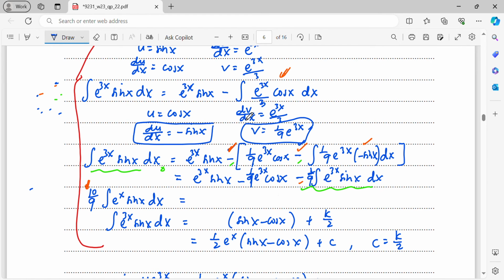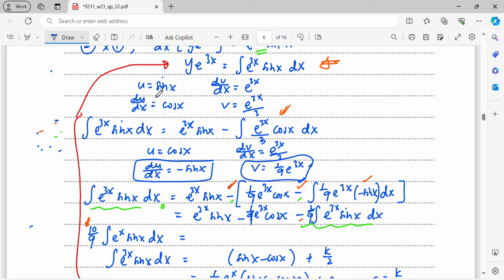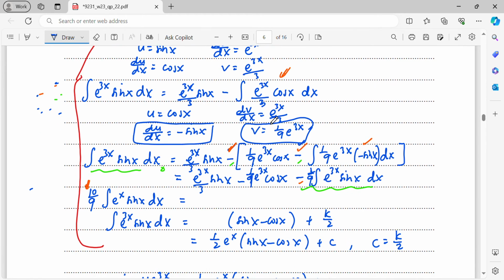So this is uv, okay, uv, this is over 3. So here is going to be, let me write again. When I move it there, it becomes 10 over 9, integrate e3x sine x dx.